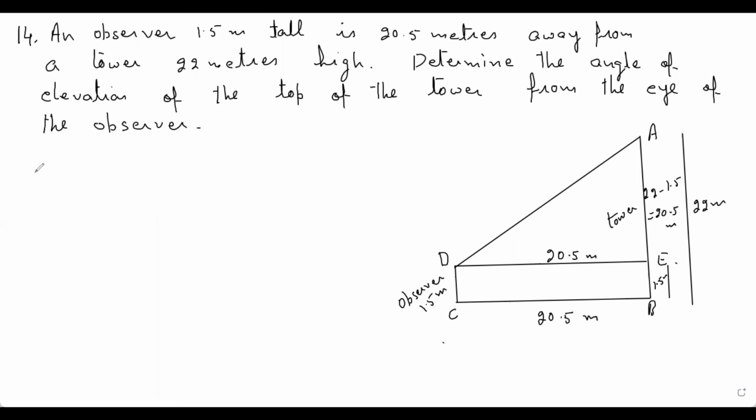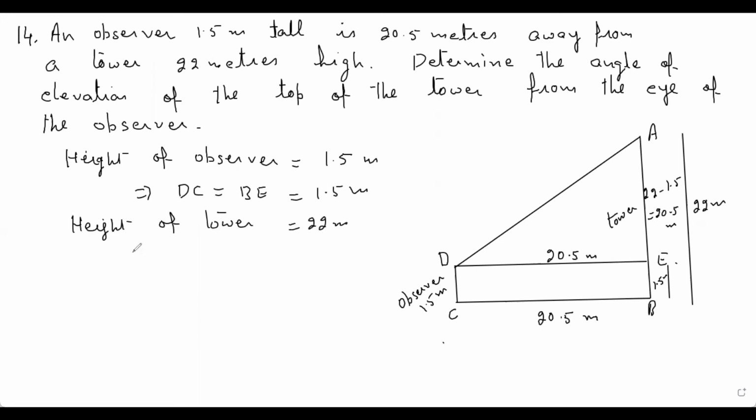So the height of the observer is 1.5 meters. It implies DC is equal to BE is equal to 1.5 meters. The height of the tower is 22 meters, so AB is equal to 22 meters.